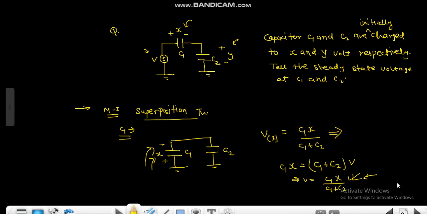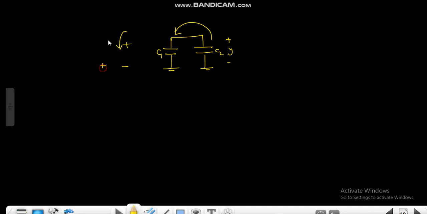Now we will see the effect of y. So how would the circuit look like? C1 no charge, C2 y voltage, sorry. It would charge the capacitor in this direction, plus minus in this direction, but I am writing it like this.